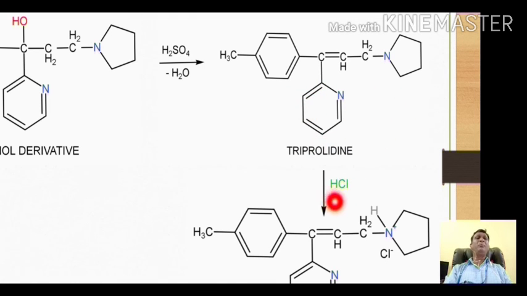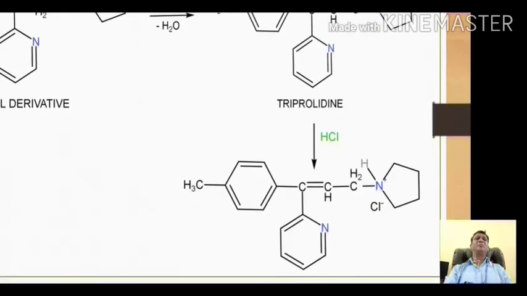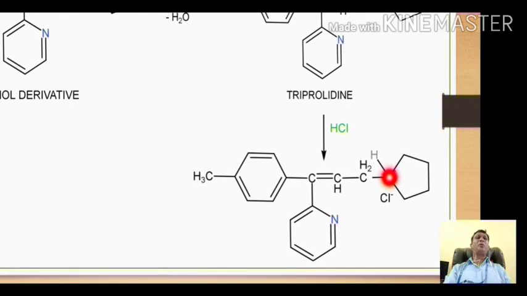So ultimately the proton given by HCl will migrate on this nitrogen, which is aliphatic in nature. So once the nitrogen bonded with hydrogen, it will acquire a positive charge because here the nitrogen had shared its pair of electron with hydrogen.